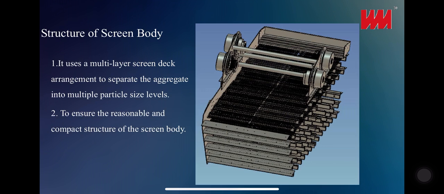It can separate the aggregate into multiple particle size levels. Secondly, it ensures the reasonable and compact structure of the screen body. This is caused by a unique design of the arrangement of screen panel.